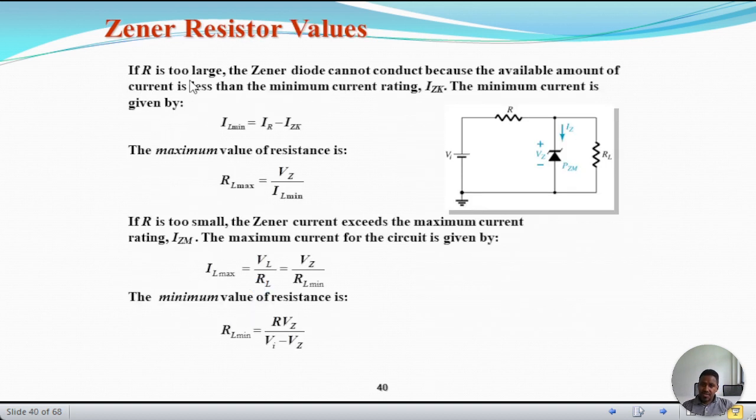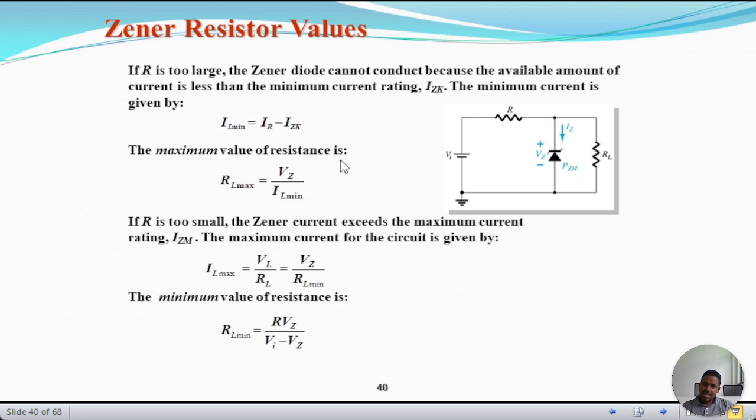If Rs, the supply resistance, is too large, the Zener diode cannot conduct because the available current is less than the minimum current rating IZK. The minimum current is given by I minimum equals IR minus IZK.